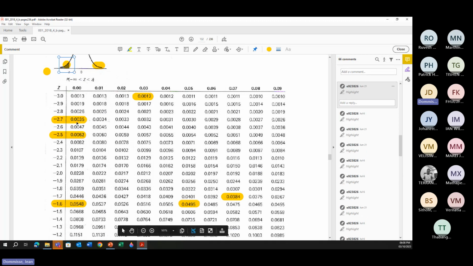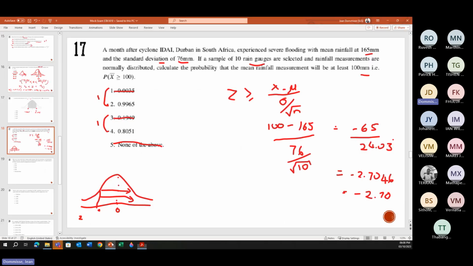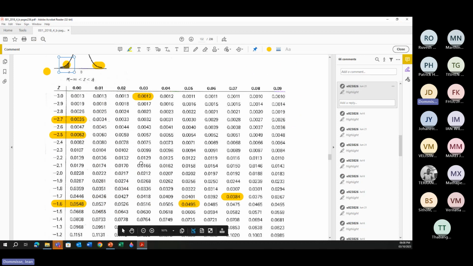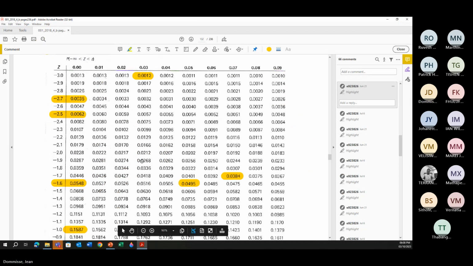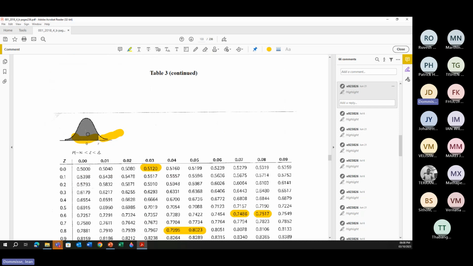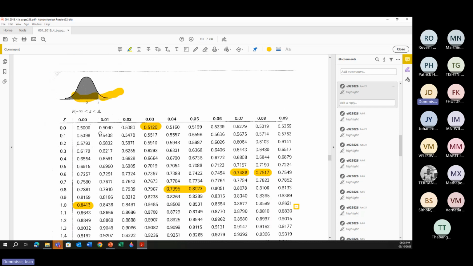So that is 0.0035. But we want the other part, so that is 0.9965.